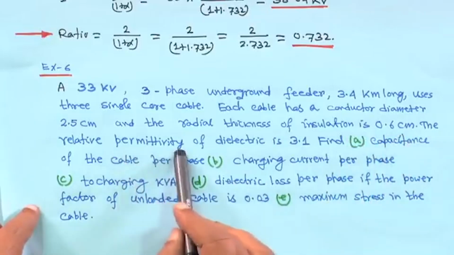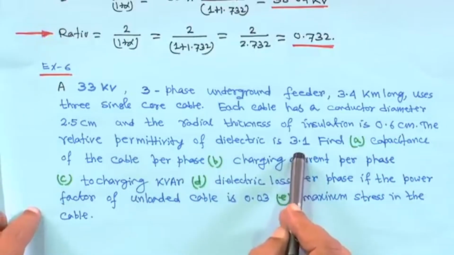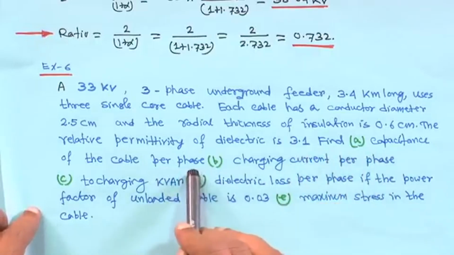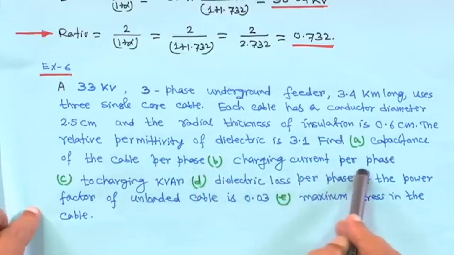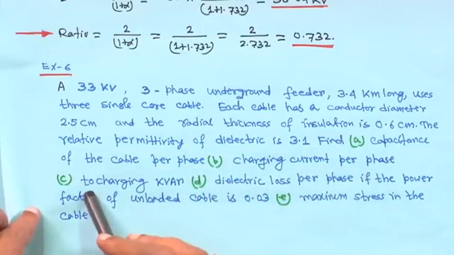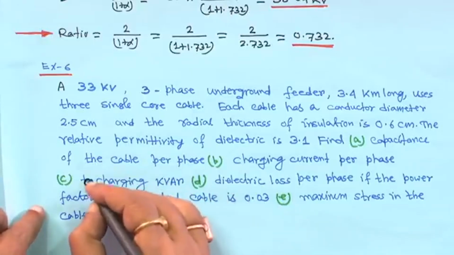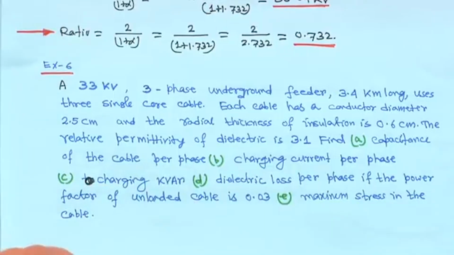The relative permittivity of the dielectric is given as 3.1. Find A, the capacitance of the cable per phase, B, the charging current per phase, then C, the charging kVAR, right. You have to find out the charging current, then kVAR.